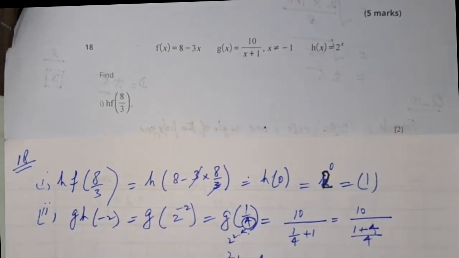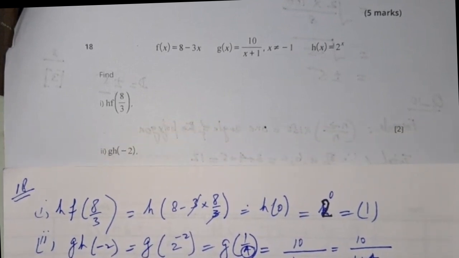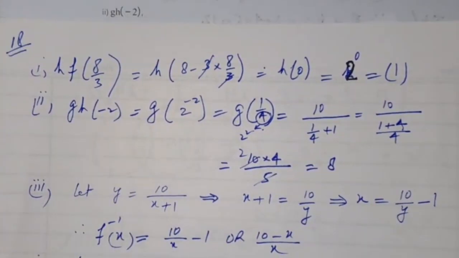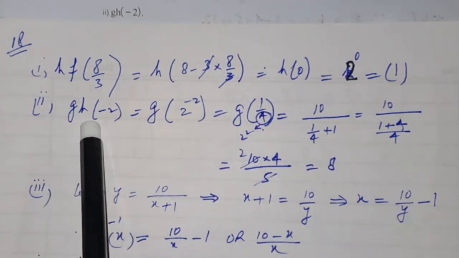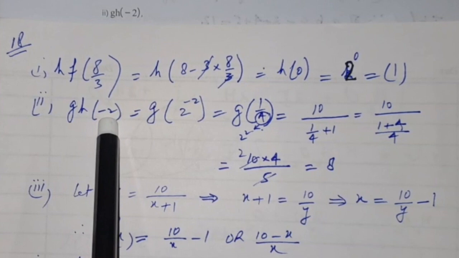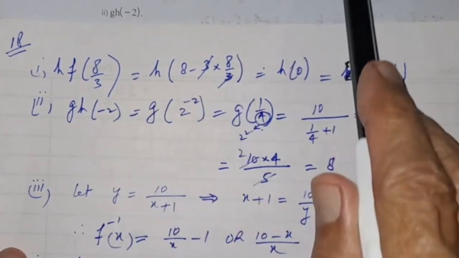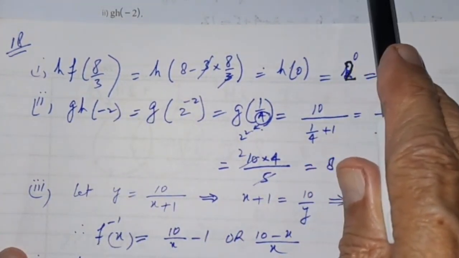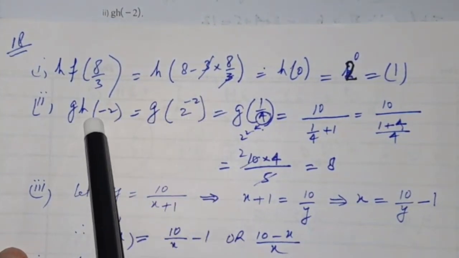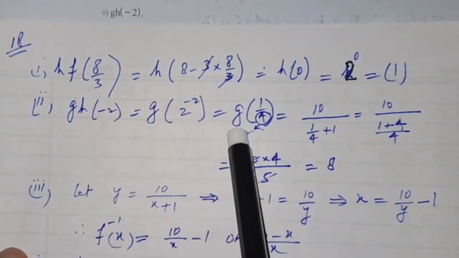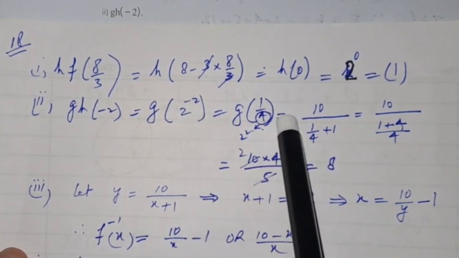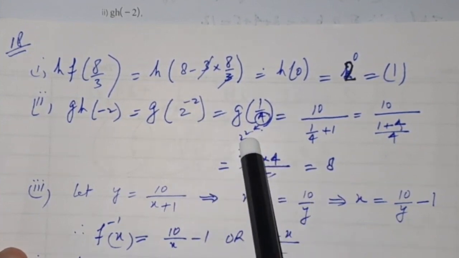Then we go to the next part. gh of minus 2, the same procedure is to be done. For h, we place minus 2 in place of x, so h(x) is 2 power x, so we place 2 power minus 2, which becomes g of 1 over 4, because minus 2 will become plus 2 in the denominator.